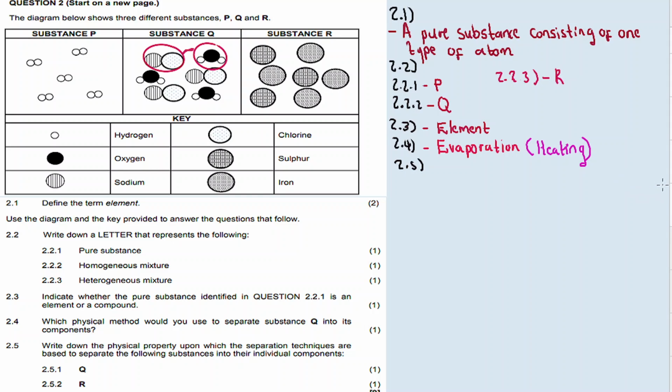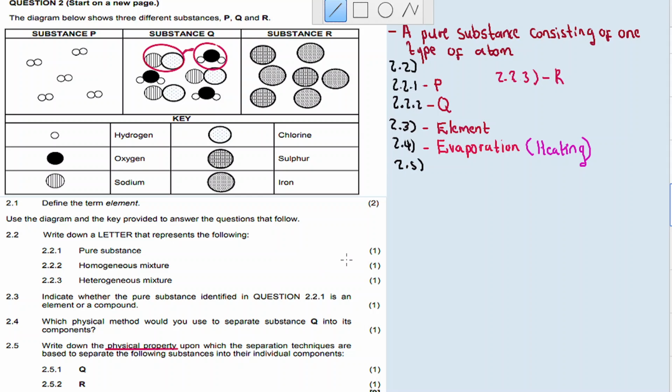2.5, write down the physical property upon which the separation techniques are based to separate the following substances into their individual components. Okay, this one is a bit confusing, but we do talk about physical properties, like in chemistry, the physical properties of elements, of the states of matter.